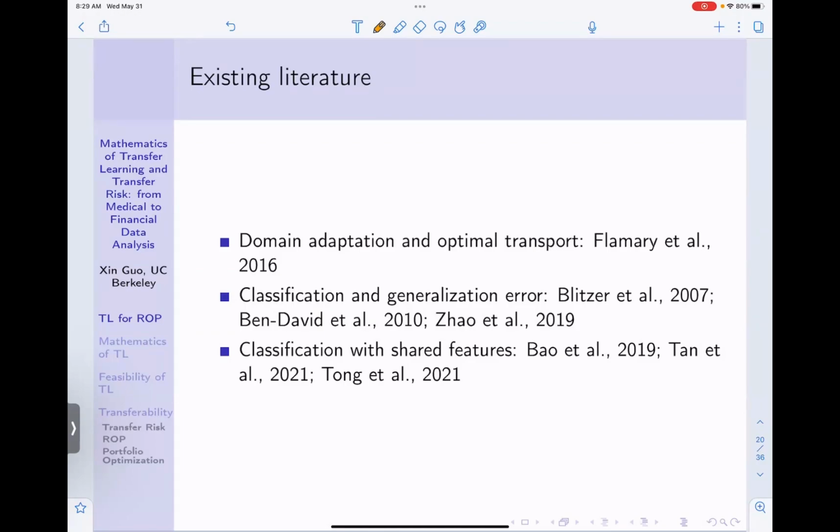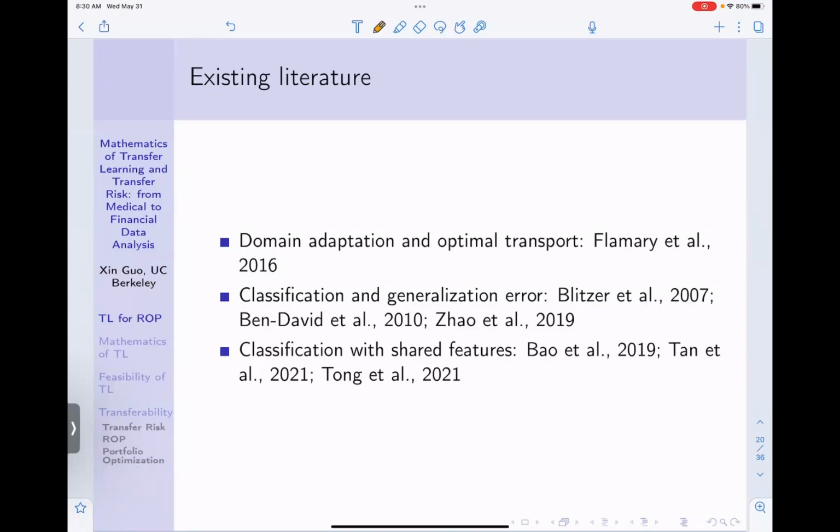Either you look at transferability saying, well, the target goal is the same and the final classification classes are similar, I just adapt the data from one data set to the existing data set, and that's called domain adaptation. And because you're transferring one data set to another, you can immediately see there's a connection to optimal transport. And then you can also use various divergence functions to compare the distributions of data.